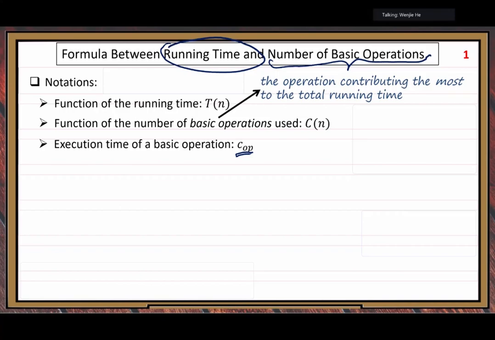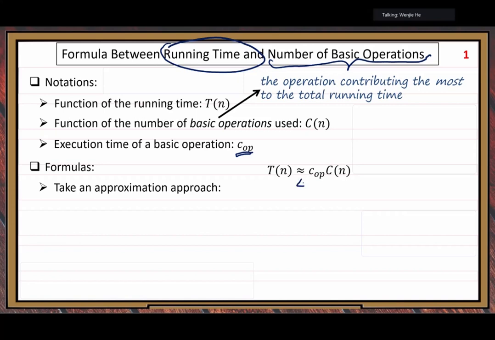All right. Then we can look at the approximate formula. Here, when we do analysis, we use approximation. This approximation: the capital T function, T of n, is approximately equal to little c constant times capital C of n.